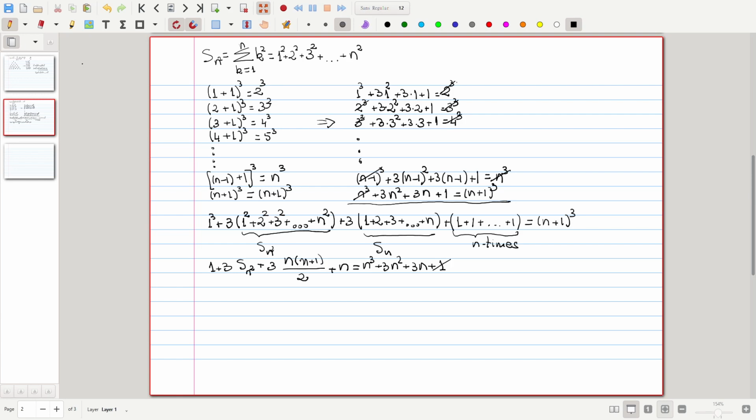This simplifies. This one simplifies with this one, and I have 2n, and that's it. Let's see what we have. I have 3n squared plus 3n(n plus 1) divided by 2.